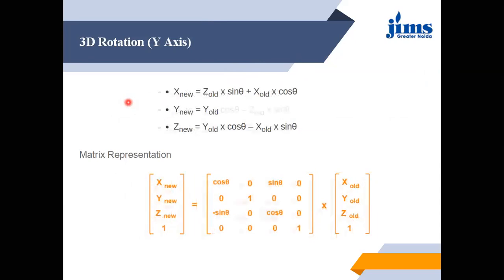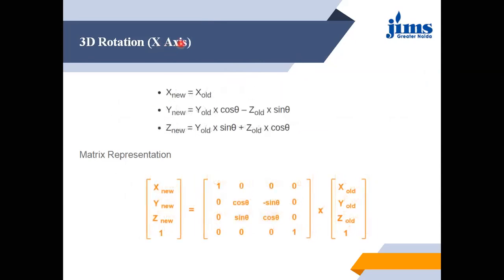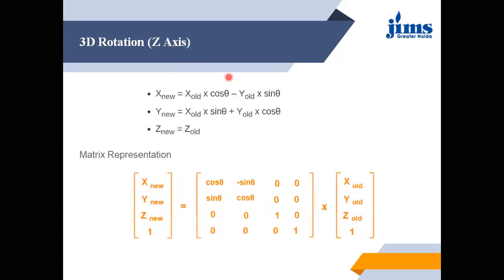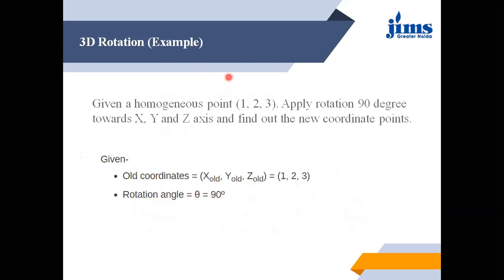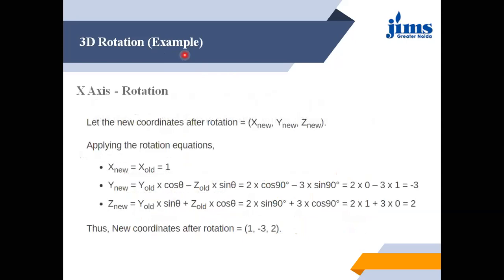So now we will apply the same formulas. We will apply these formulas for the x-axis. We will try to find out the values for the three coordinates, then for the y-axis and then for the z-axis. So first we will find the values with respect to x rotation. Suppose the new coordinates are x new, y new and z new respectively.